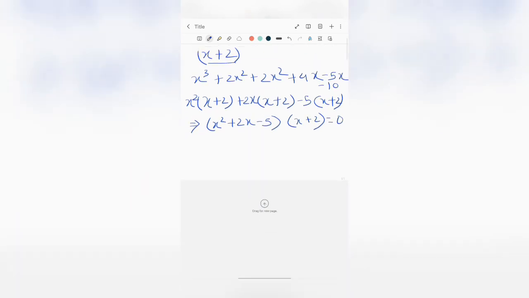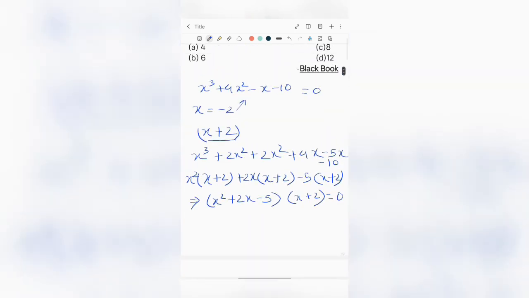Now we go to the first polynomial, that is x to the power 4 plus 2x cube minus 8x square minus 6x plus 15.